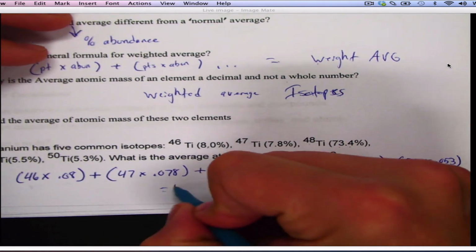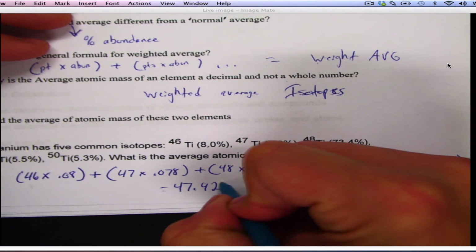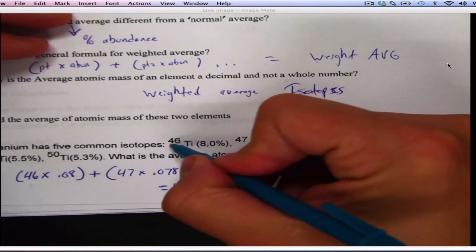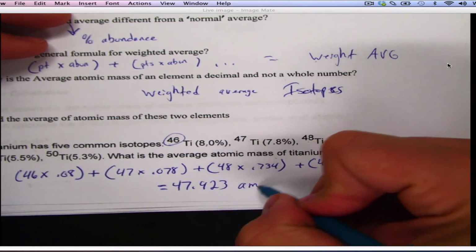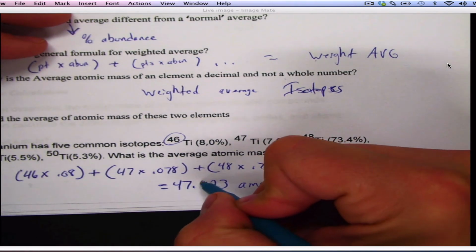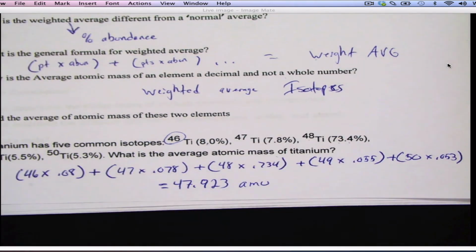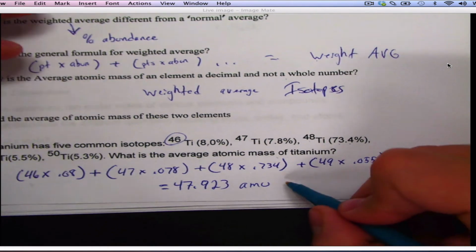So I got 47.923, and remember all of these numbers are in AMUs, atomic mass units. Alright, and then if we want to, we could round that number to the correct number of sig figs.